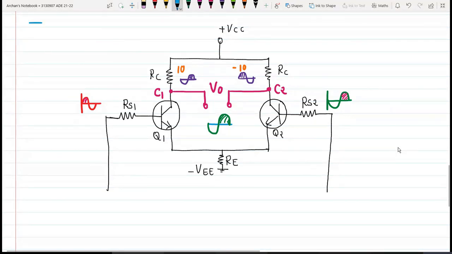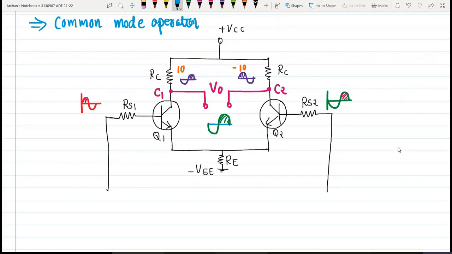So this is the circuit diagram which we are going to use for common mode operation of the differential amplifier.